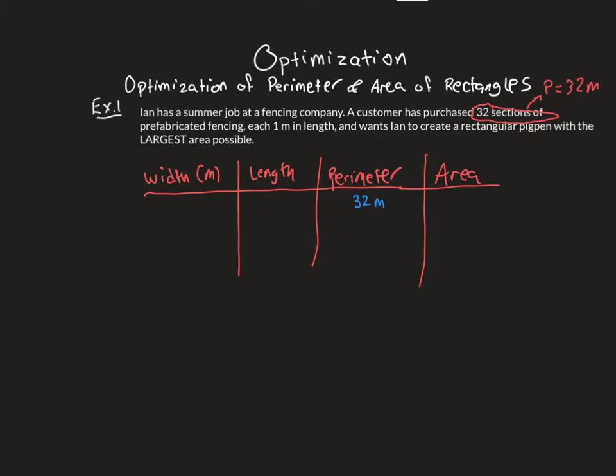So you can try various lengths and widths. You could try, let's say, 2 for the width. Now, if it's 2 for the width, remember, no matter what, at the end you should get a perimeter of 32.